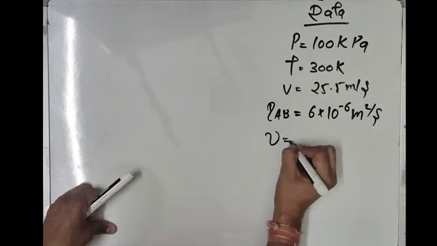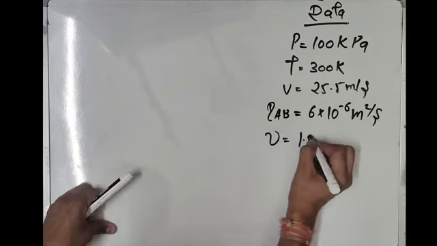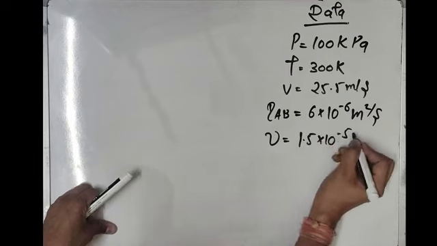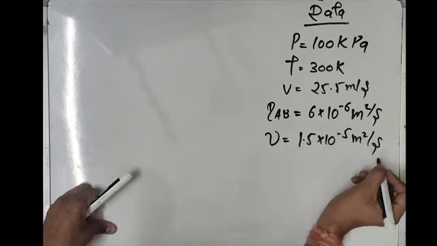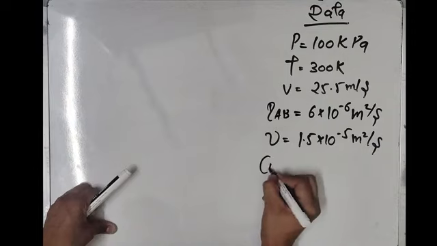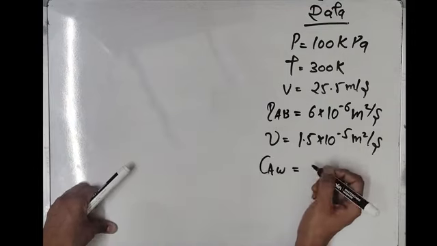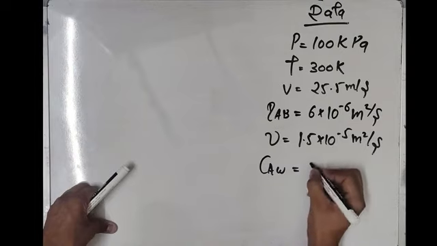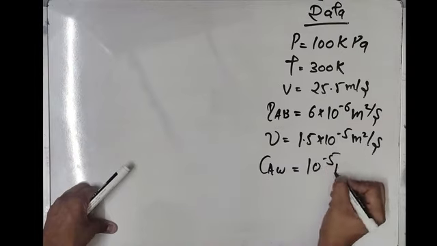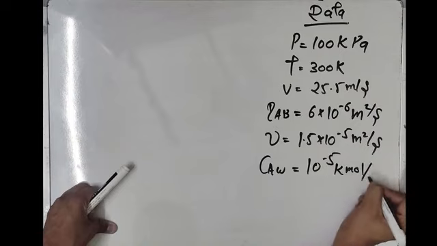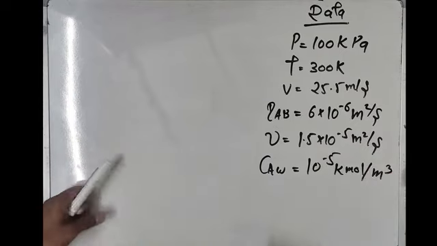The kinematic viscosity is 1.5 into 10 to the power minus 5 meter square per second. The concentration of naphthalene on the surface is 10 to the power minus 5 kilomole per meter cube.